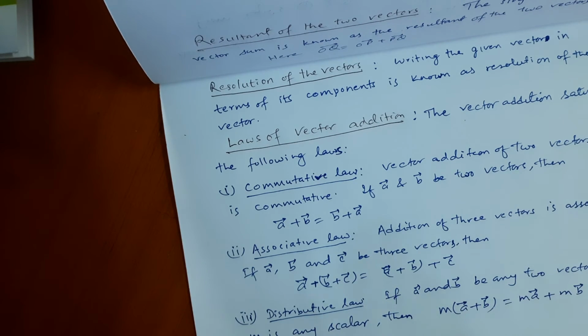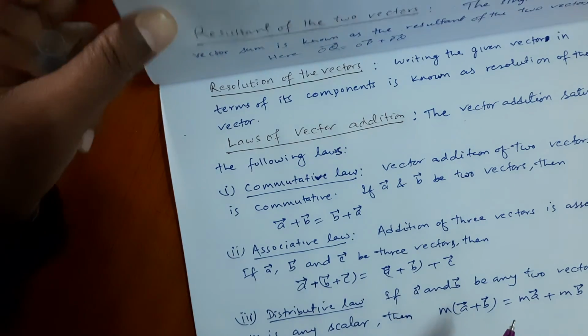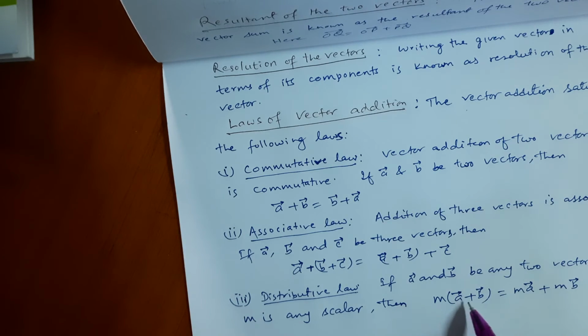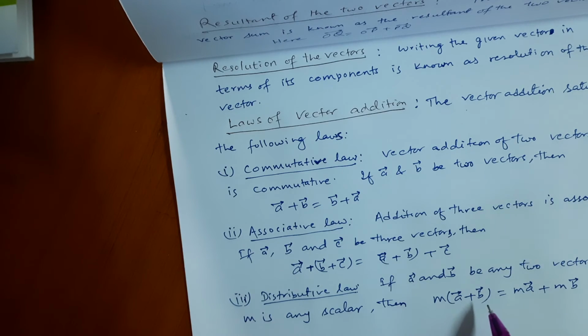This law is also satisfied by vector addition when we multiply by a scalar. The name is distributive because the scalar M is distributed. Distribute means to give. It is given to A and then given to B as well. So this is the distributive law for multiplication of a scalar and the sum of vectors.